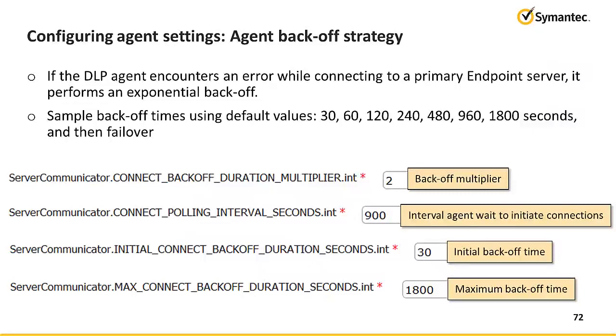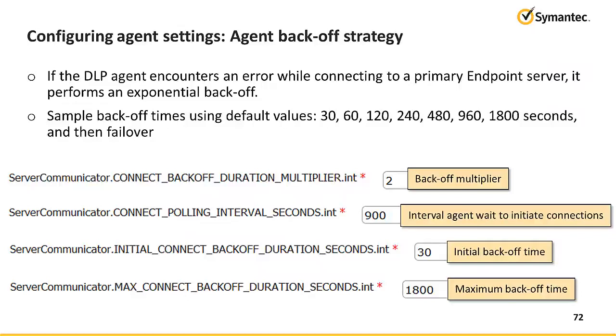Using the default multiplier of 2, the subsequent back-off times in seconds would then be 60, 120, 240, 480, and so on, until the value in the max connect back-off duration seconds setting is met, which is 1800 seconds, or 30 minutes, by default. If the DLP agent connects to a secondary endpoint server, the back-off strategy is not applied because it does not work for secondary servers.